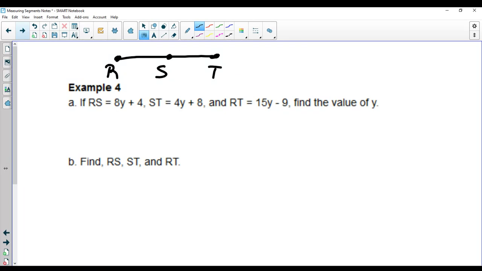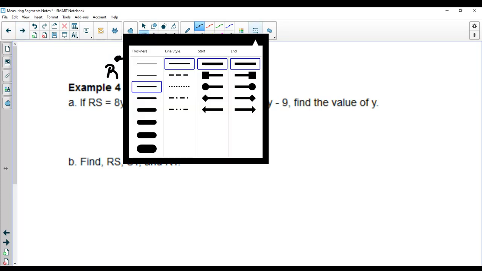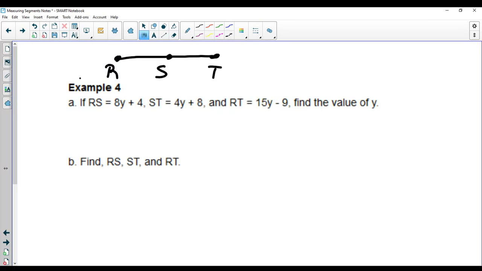Now I'm going to label RS. I need to change. Let's do this. So 8y plus 4, 4y plus 8, and then R to T, the whole thing is going to be 15y minus 9.